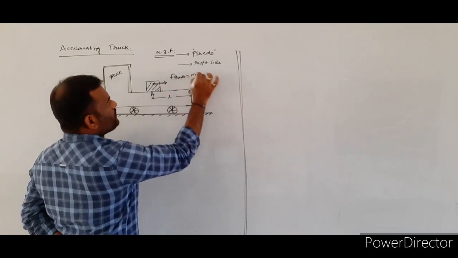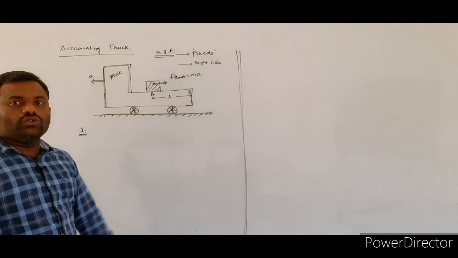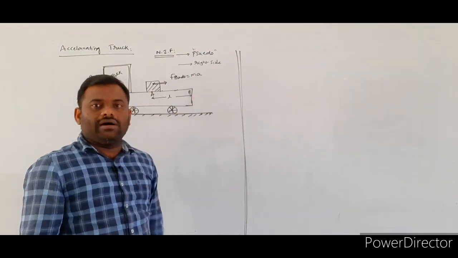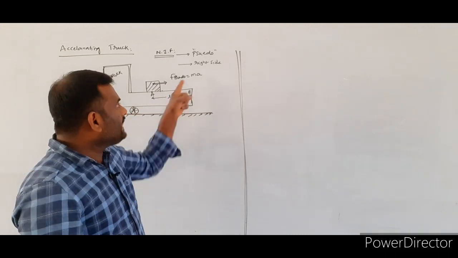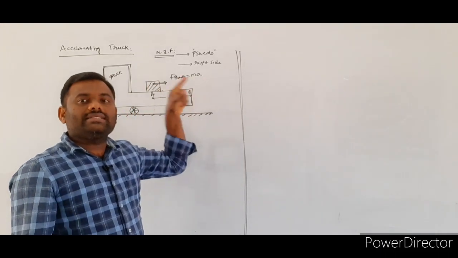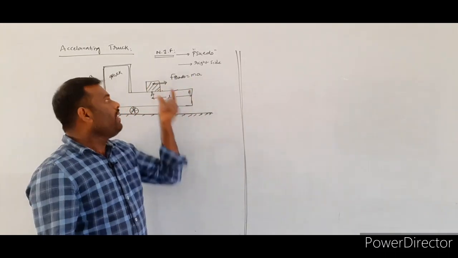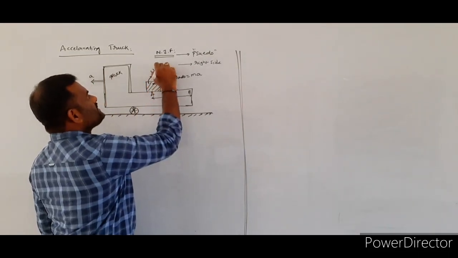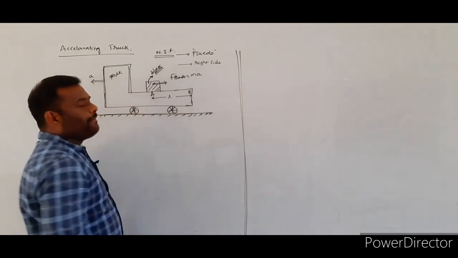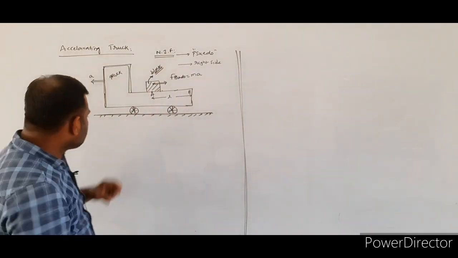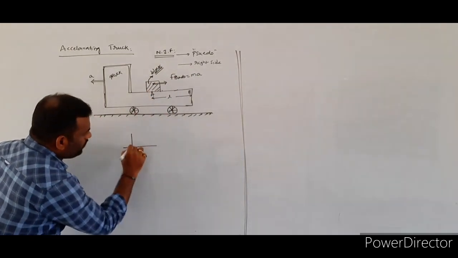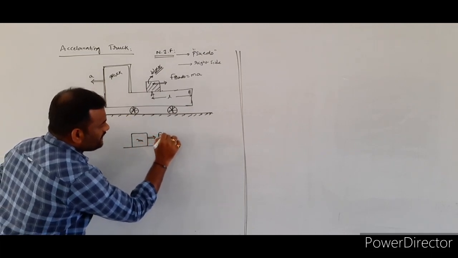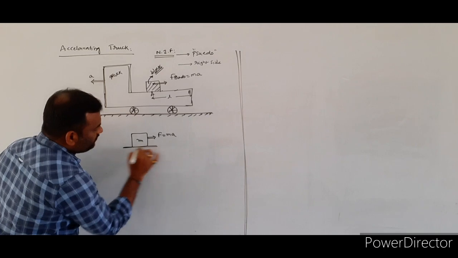That pseudo force value is equal to mass into acceleration. Small m indicates the mass of the given block. Over the given block, some force will also be acting. That force is nothing but mg.